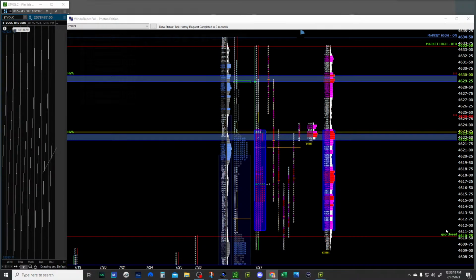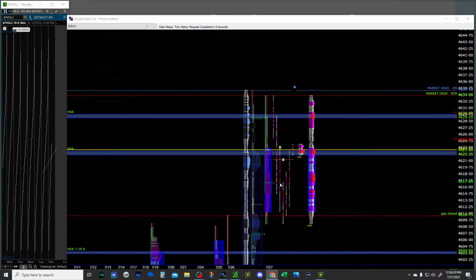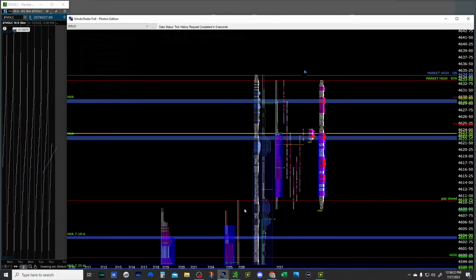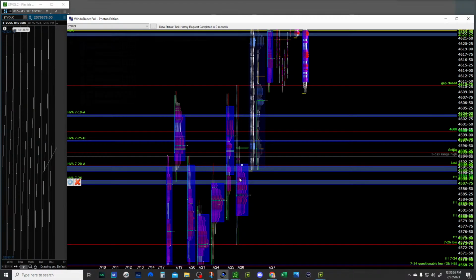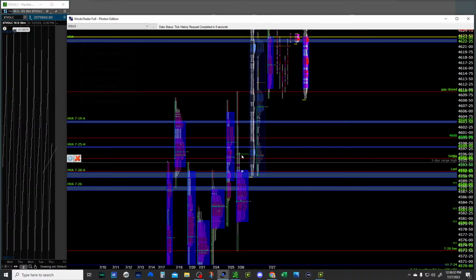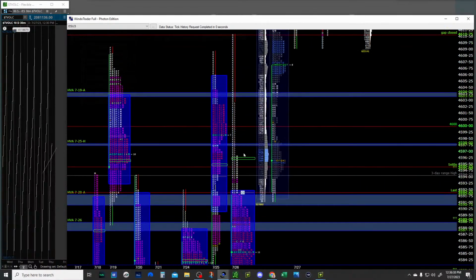Okay, I got it. All right, the market today opened with a significant gap to the upside. After this volatile day yesterday, the market closed just right where it opened, pretty much right where it closed the previous day.